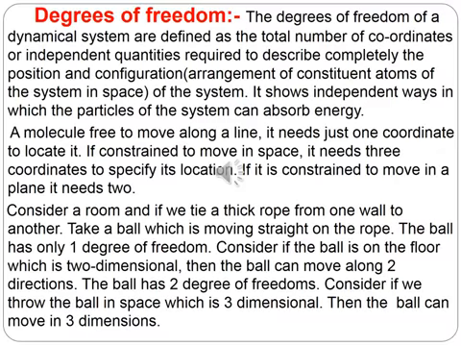Consider if the ball is on the floor, which is two-dimensional, then the ball can move along two directions. Thus, it has two translational degrees of freedom. And consider if you throw the ball in space, which is three-dimensional, then the ball can move in three dimensions. Therefore, degree of freedom tells us in how many ways a body can move or rotate or vibrate.